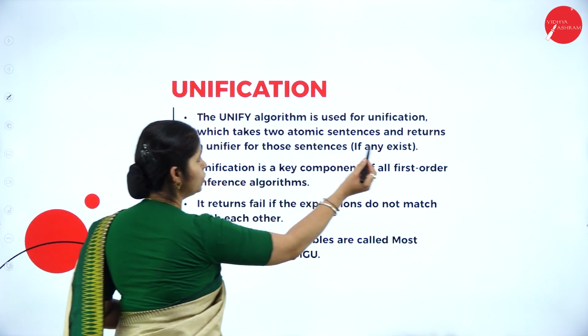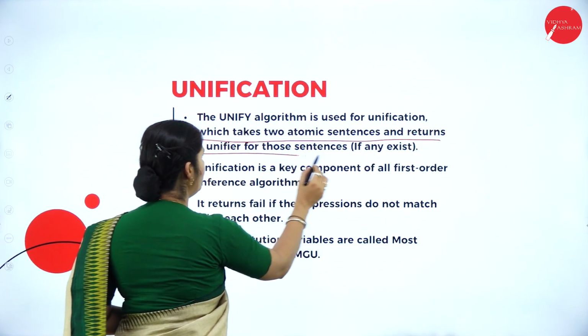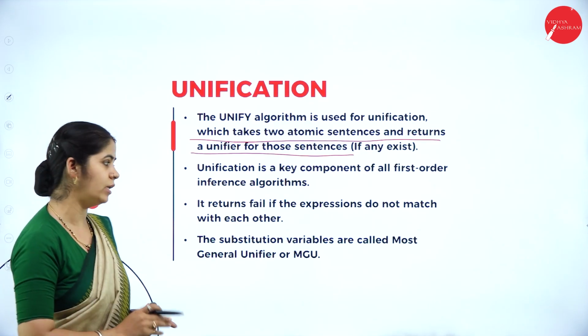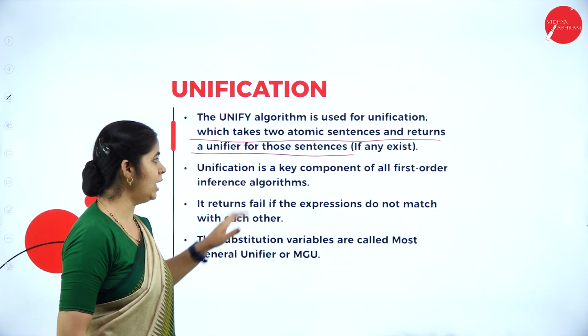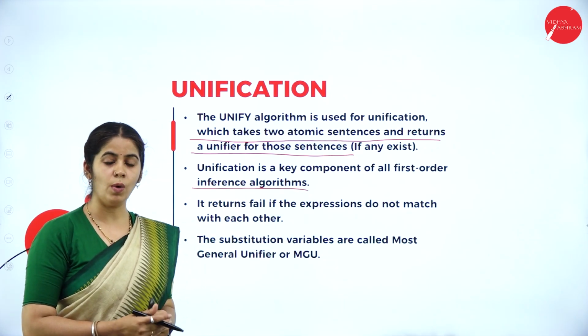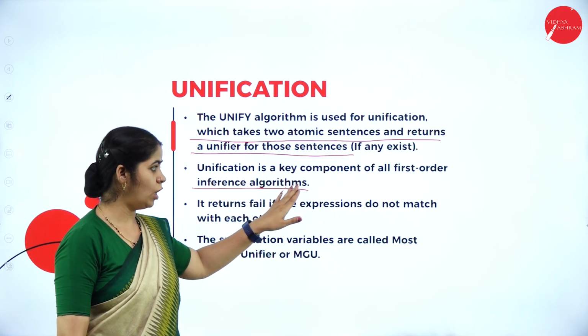The unify algorithm is used for unification. It takes two atomic sentences and returns the unifier of those two atomic sentences and makes them identical. Unification is a key component of first order inference logic. Why do we have to go for unification? Because we have to use first order logic.